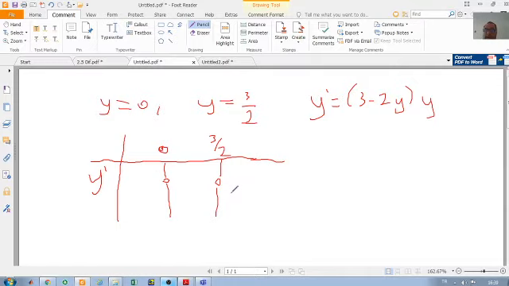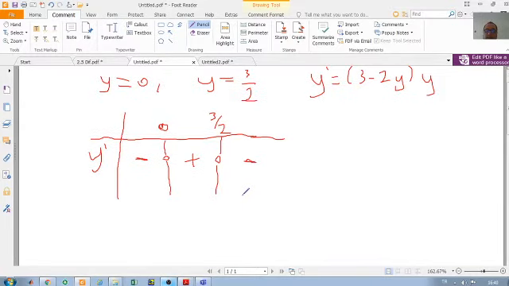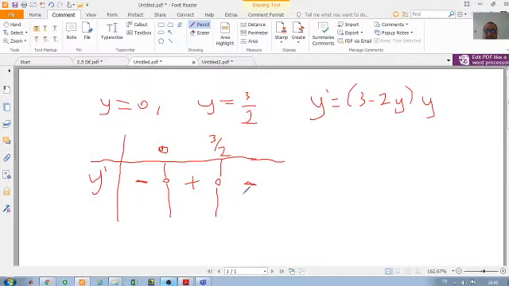For example, when we take the number 2, we obtain a negative value for the parentheses, and y is a positive value, therefore we obtain a negative value for the first derivative. Between 0 and 3 over 2, for example, when we take 1, we get a positive value, therefore we have positive values between the equilibrium solutions, and here we have negative values. Why do we find the sign of the first derivative? Because it describes the slopes, which can be negative or positive.